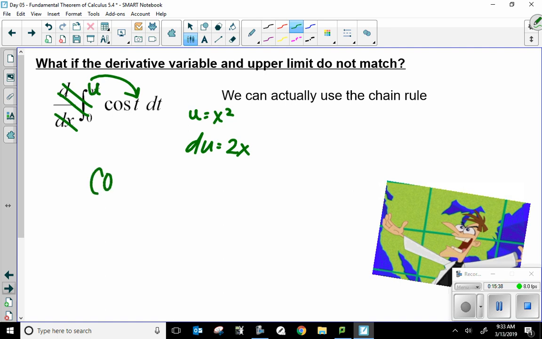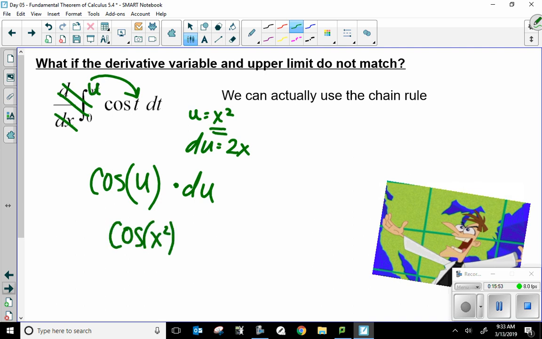It's the cosine of u. Well, anytime I take the derivative of something, I got to multiply it times the derivative of the inside, don't I? That's where my chain rule comes into play. So what is u? x squared times 2x. And we should get used to putting that 2x out in the front. 2x cosine of x squared.